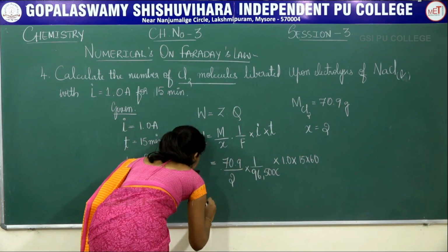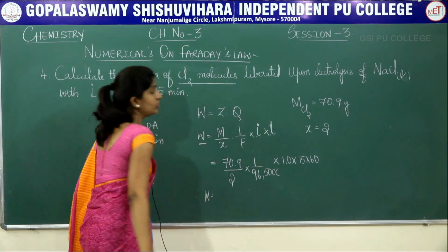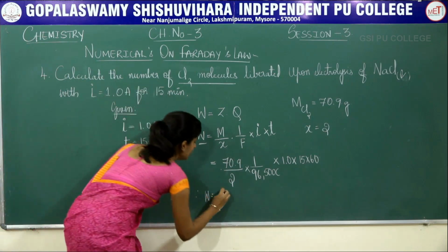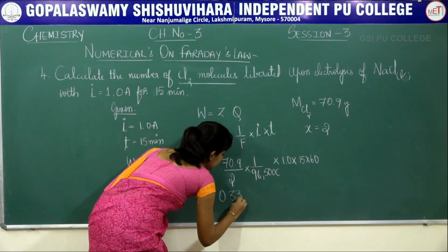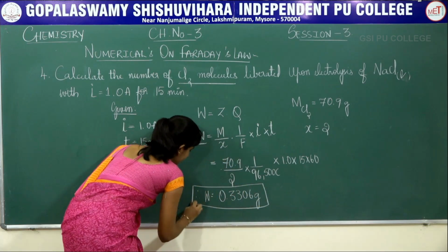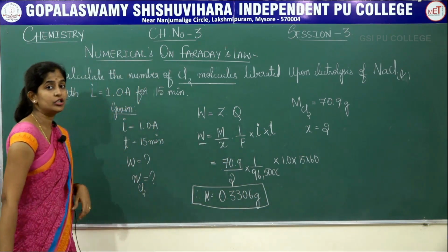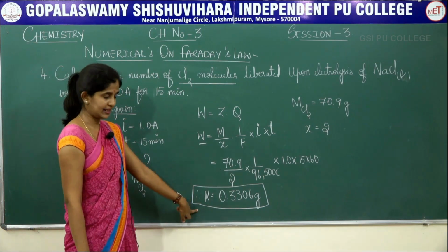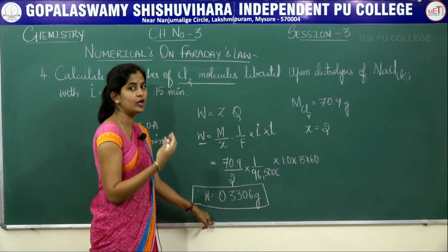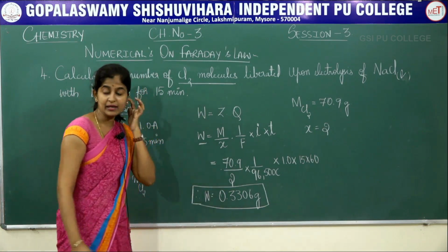So therefore W, the amount of chlorine gas liberated, will be equal to 0.3306 grams. This is your W, that is the amount of chlorine gas liberated. Now, using this, I can calculate the number of molecules of chlorine gas liberated.